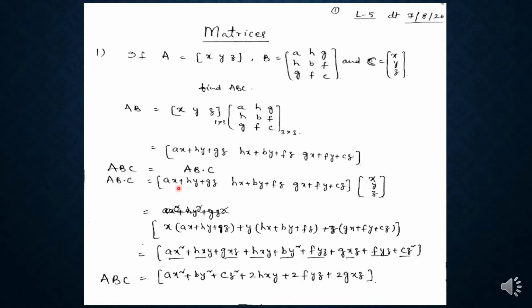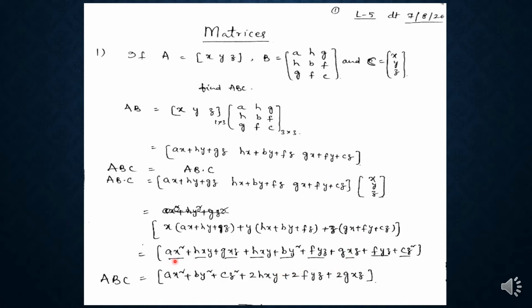That is (AX plus HY plus GZ) into X, plus (HX plus BY plus FZ) into Y, plus (GX plus FY plus CZ) into Z. That is A X square plus H XY plus G XZ, plus HXY plus B Y square plus F YZ, plus GXZ plus FYZ plus C Z square.